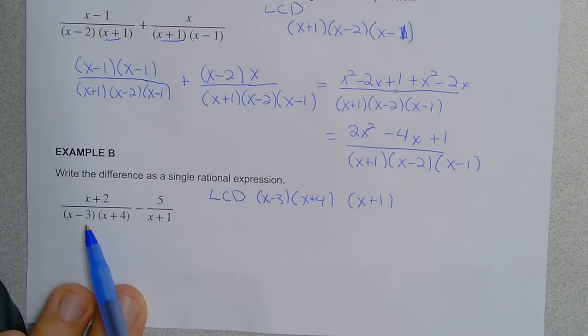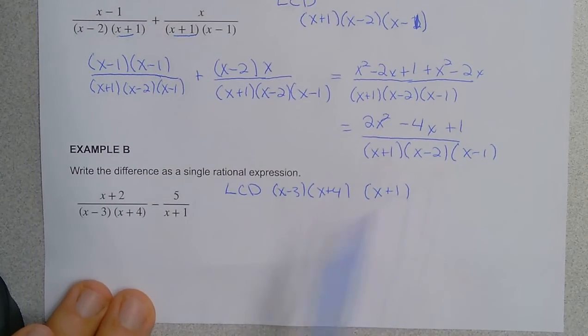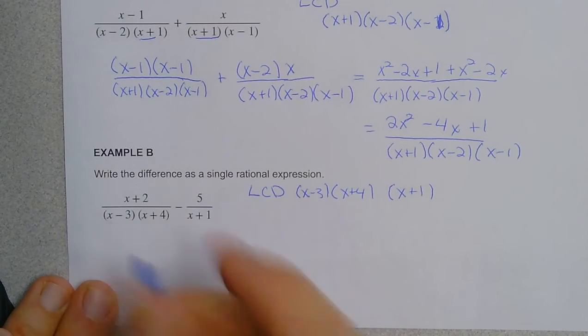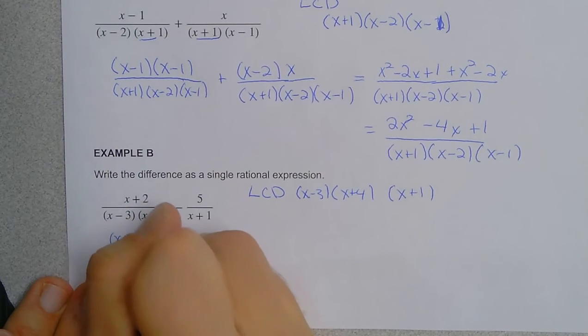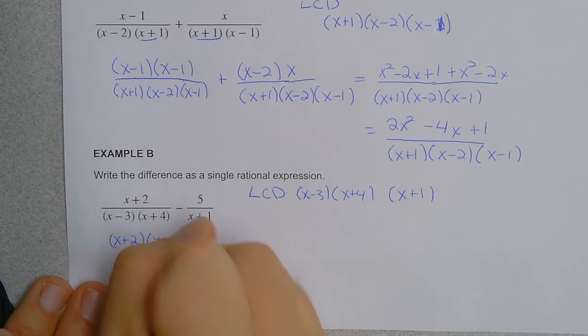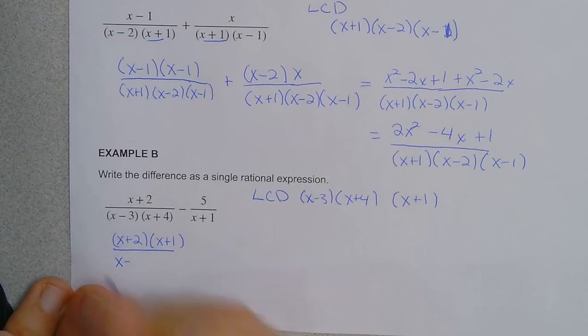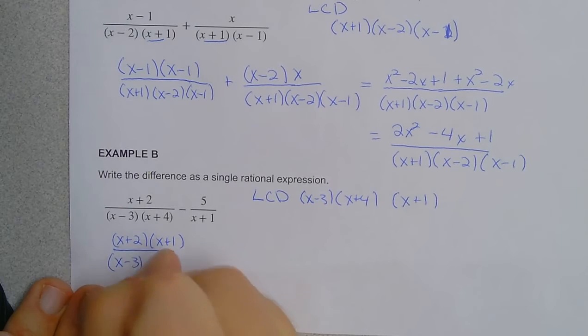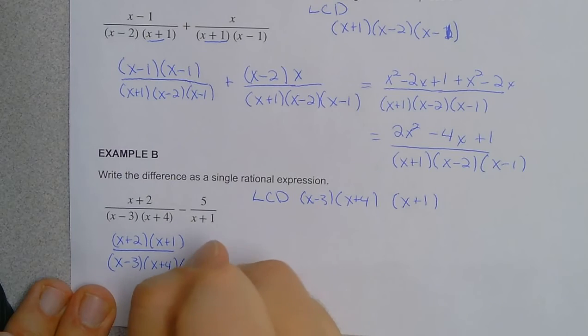Now, in looking at the first expression, I'm going to have to multiply the numerator and the denominator by x plus 1. So I'm going to write x plus 2 and then multiply by x plus 1. And then my denominator is going to be x minus 3 times x plus 4, and then times x plus 1.